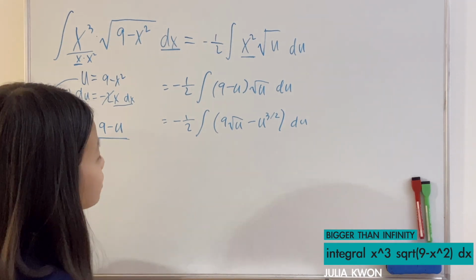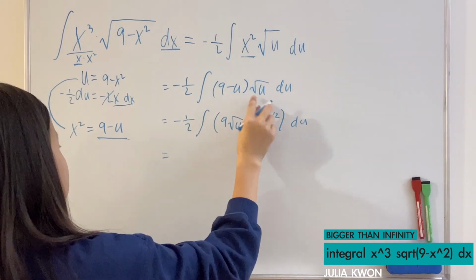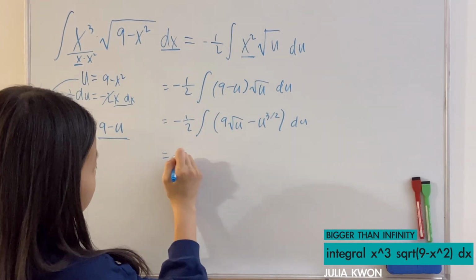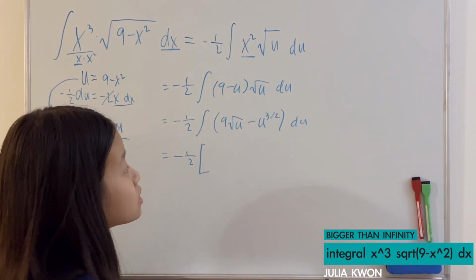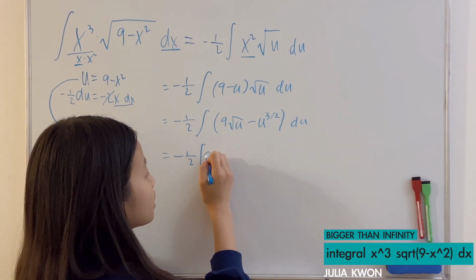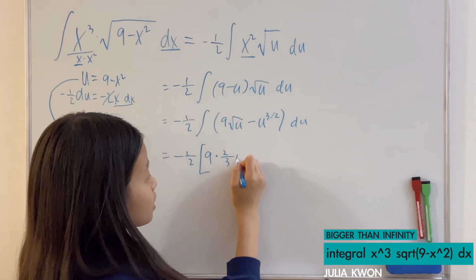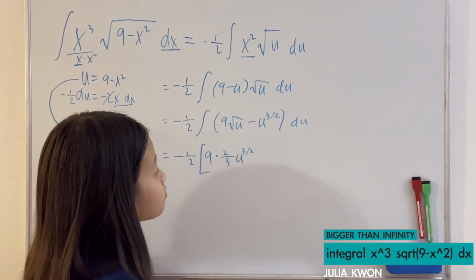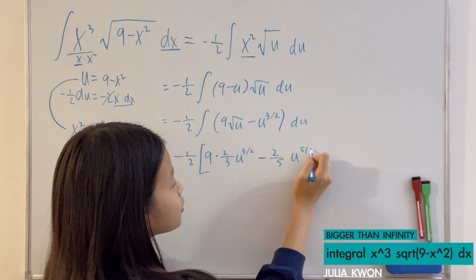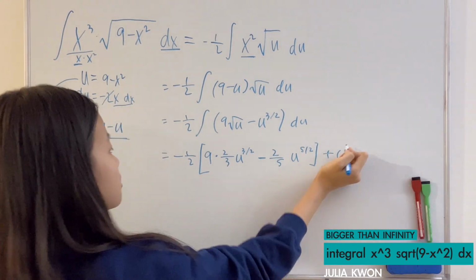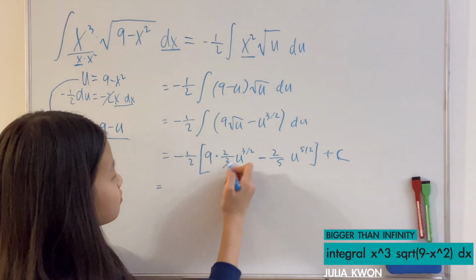Now that we have multiplied these together, we can take the integral now. The integral of 9 times square root of u is equal to 9 times 2 over 3 times u to the power of 3 over 2, and minus 2 over 5 times u to the power of 5 over 2, and plus the constant. We can simplify things a little bit more.